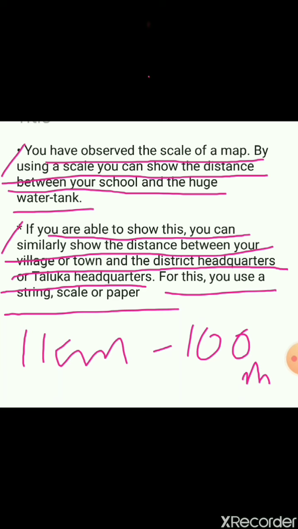You can use any paper, a scale, or a string. It's up to you. Okay, so this activity you need to do. From your house to the water tank how much distance is it, taking 1 kilometer as 1000 meters, how many kilometers it comes to, you need to find that. Okay.